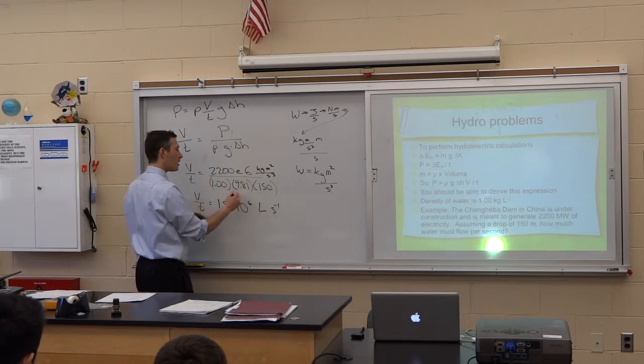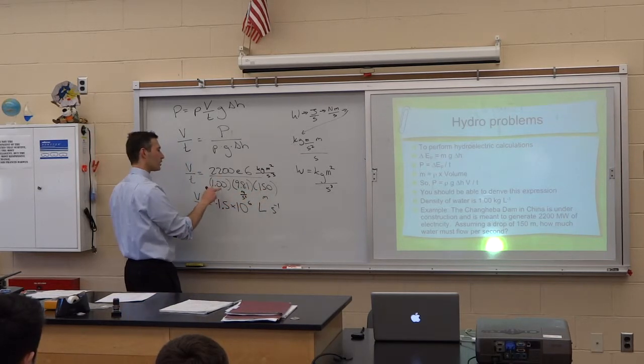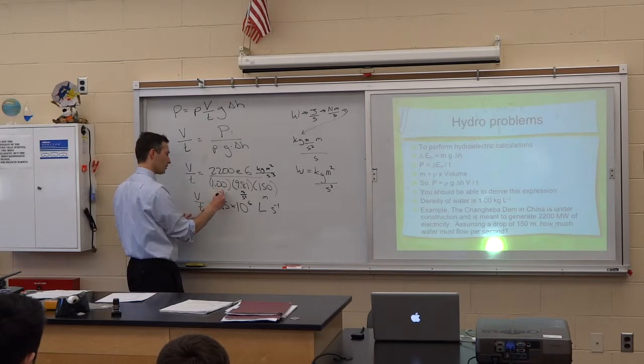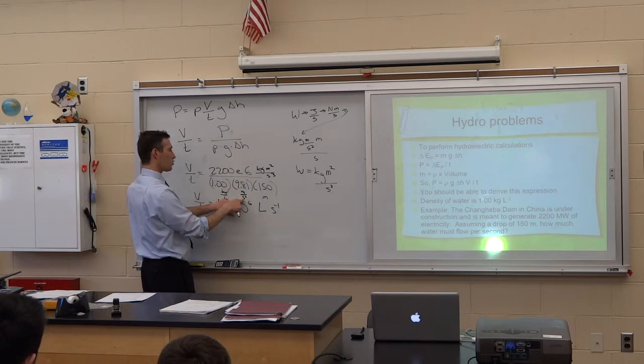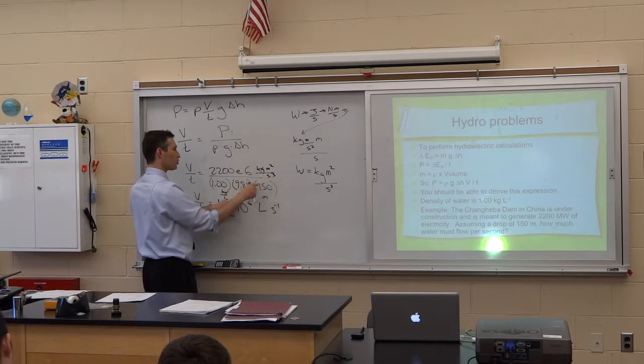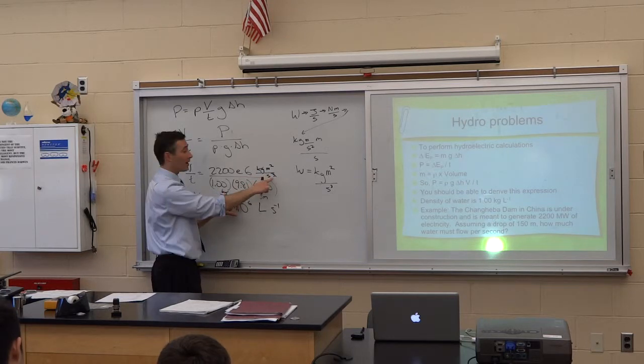The 9.81 is obviously meters per second squared, and then this is just meters. This was kilograms per liter. So kilograms are gone. Seconds squared, seconds cubed: these seconds squared get rid of 2 of those, and I'm left with a single s.